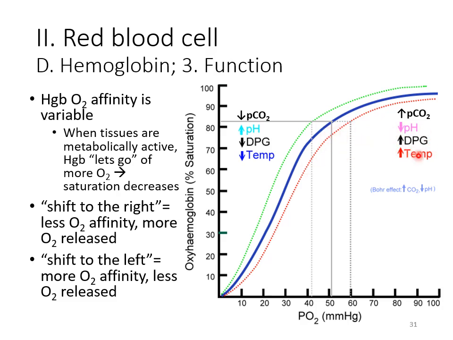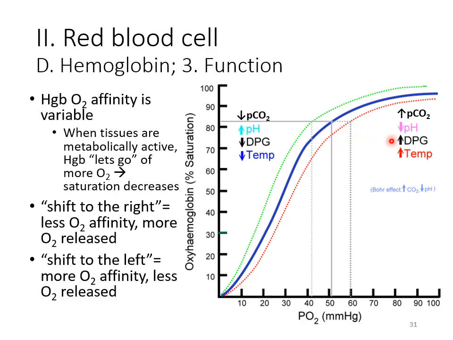Now, what about 2,3-DPG? 2,3-DPG is a byproduct of glycolysis in your red blood cells. And more 2,3-DPG is produced if there is lower PO2.